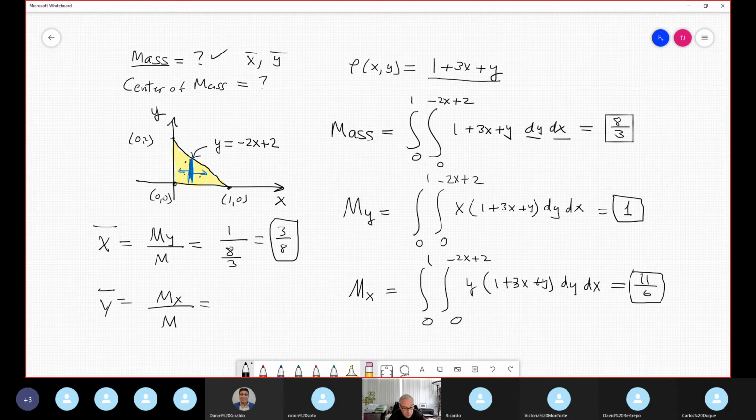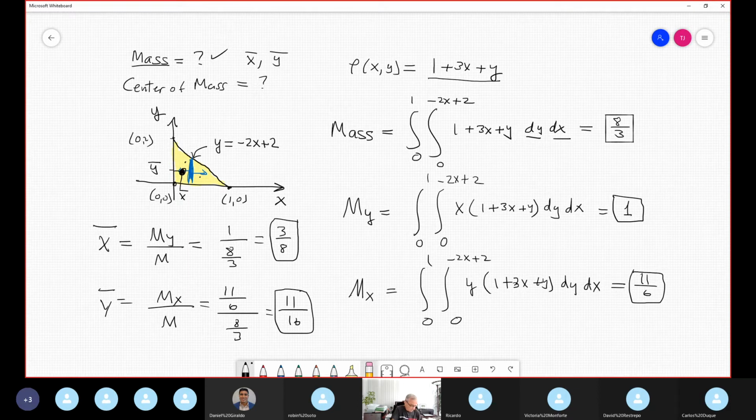And x is 11/6 divided by the mass, which is a over 3. The division is 11/16. Do you plot that? I don't know. Here, the center of mass, I suppose, x hat, y hat. This is a classical problem, it is static. The center of mass of the one lamina.